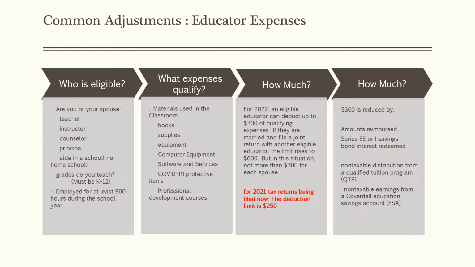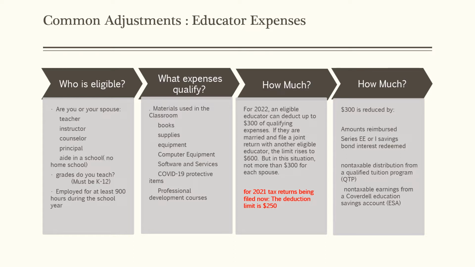And expenses must be qualified in order to take the adjustment to income. The qualified expenses include ordinary and necessary expenses purchased, such as books, equipment, supplies, and other materials. Among the equipment, it could be a laptop if it is used for school.